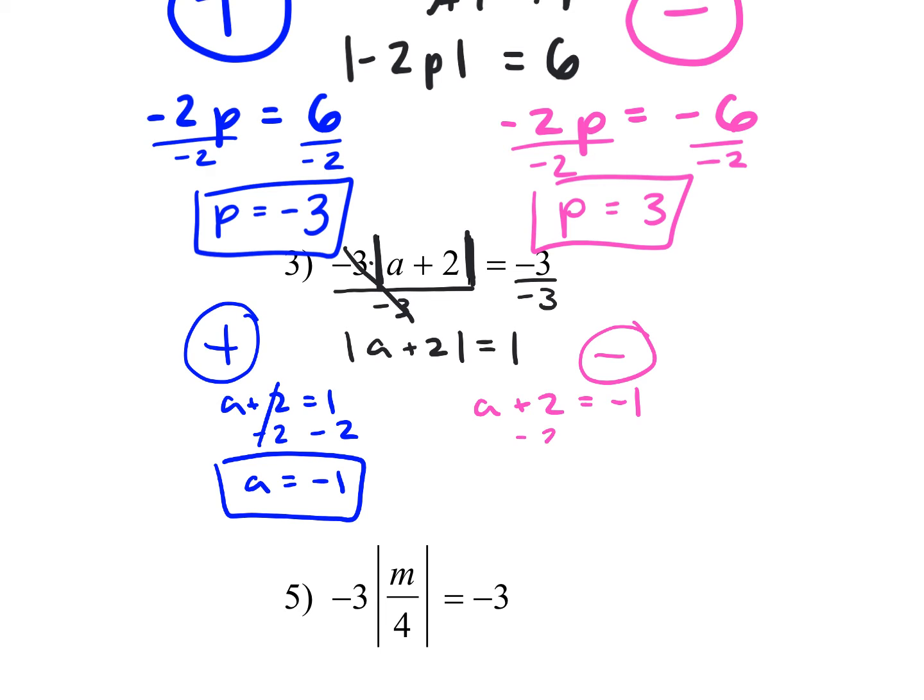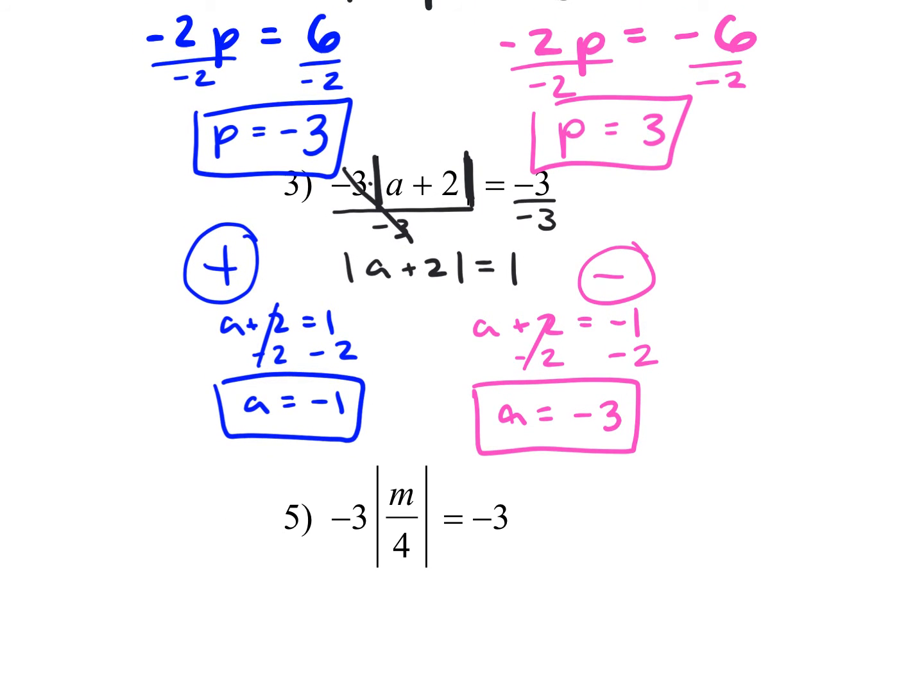Subtract 2 from 2 and -1. Awesome. So what's a equal to? A equal to -3. A is equal to -3. Awesome. So these are my 2 answers here. So in your absolute value equations, you'll have 2 answers. Any questions there?